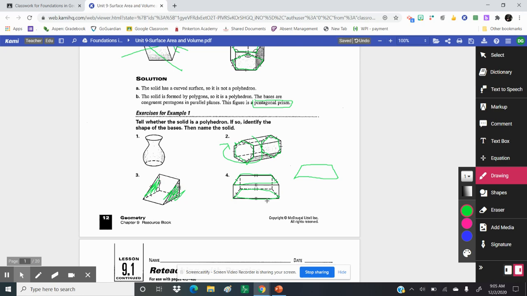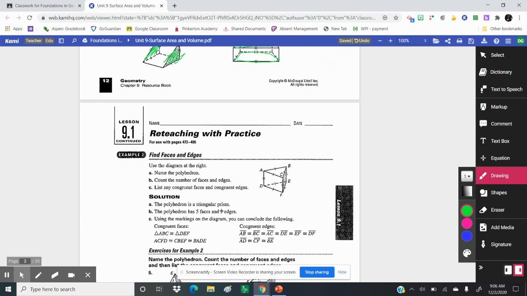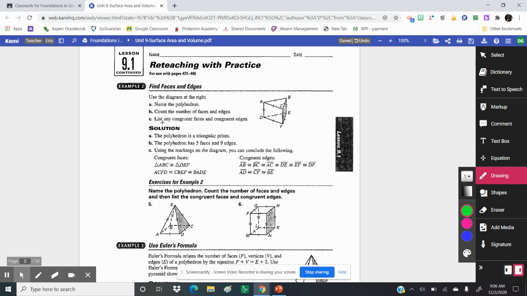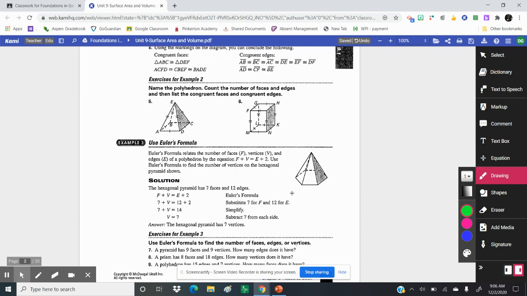So this would be a trapezoidal prism. So go ahead and see if you can work through the exercises here in lesson 9.1. Go ahead and send me your answers and I'll take a look at it and we can discuss anything that you have a question on.